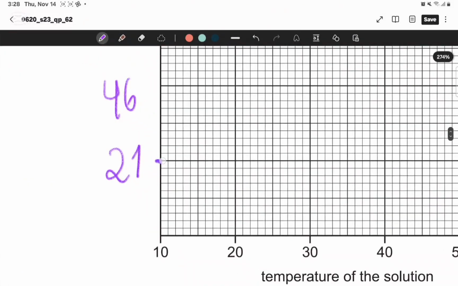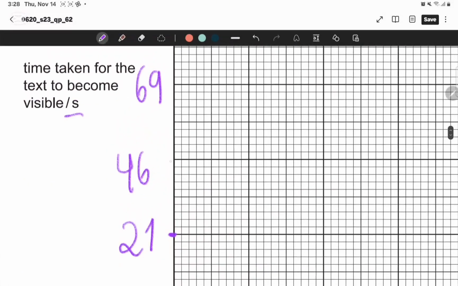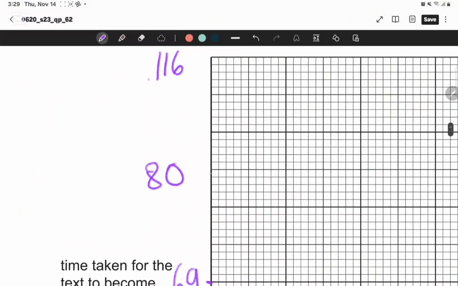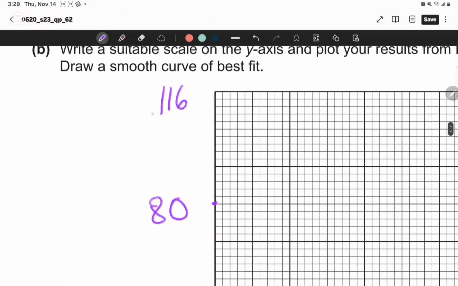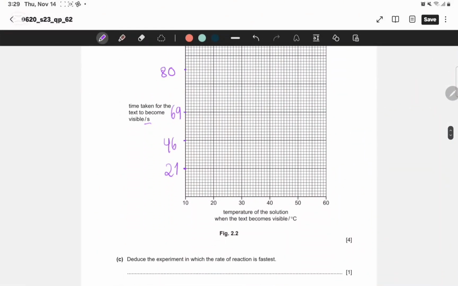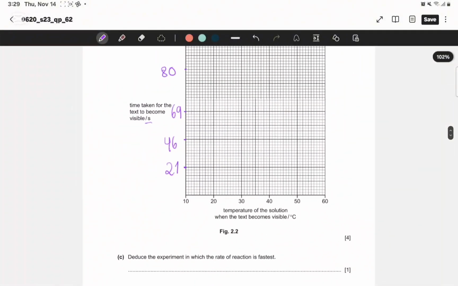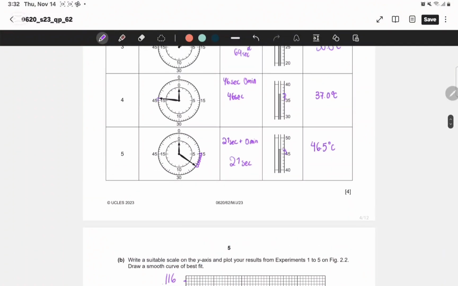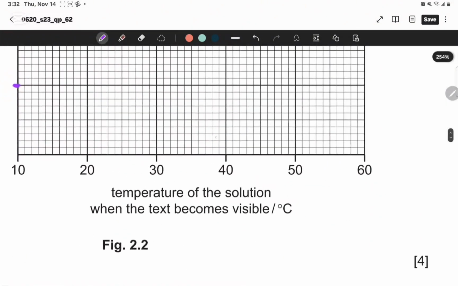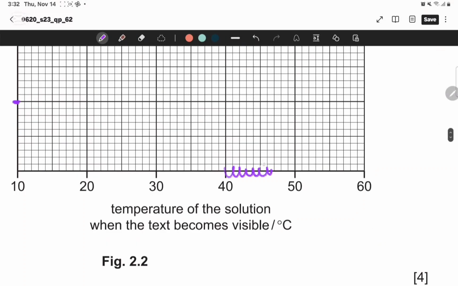So here 21, 46, maybe, okay. And then 69, 80, and 116 here, okay? So at 21 seconds, how much was the temperature? 46.5. So 40, 1, 2, 3, 4, 5, 45, 46, and 46.5, so around here.